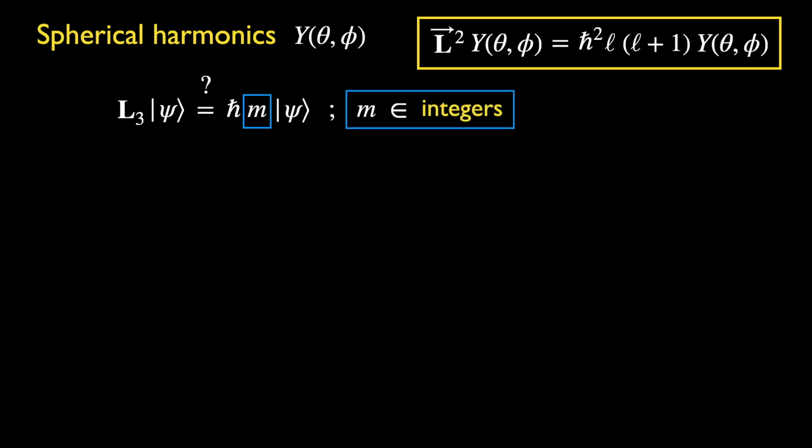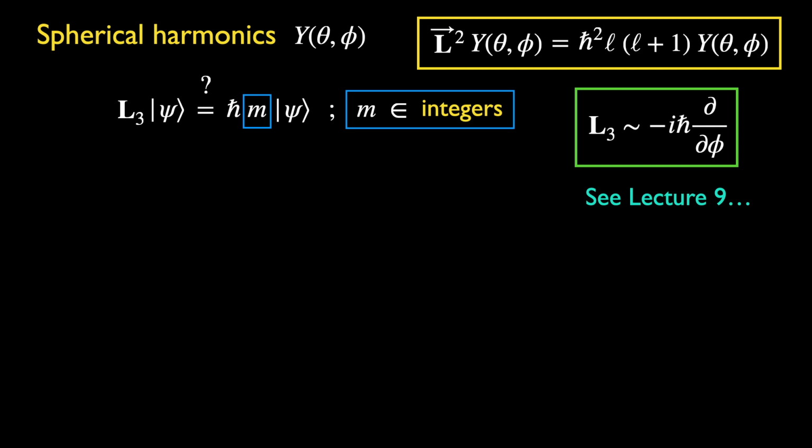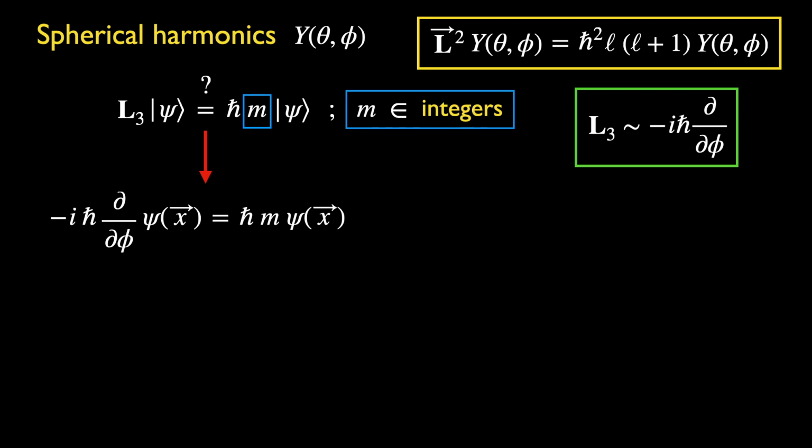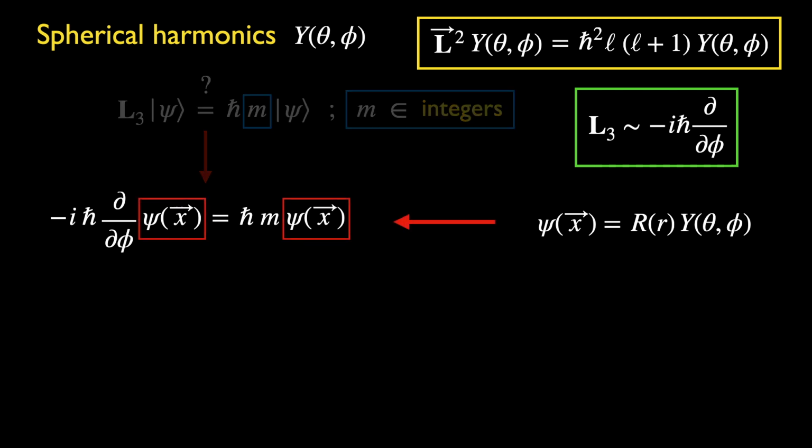Going to position space, the representation of L3 is given in a green box as we have derived earlier. This gives the following first-order differential equation. Recall that the eigenfunction psi is separable into the radial and angular variables. This means the radial part of psi can be factored out in this angular equation.